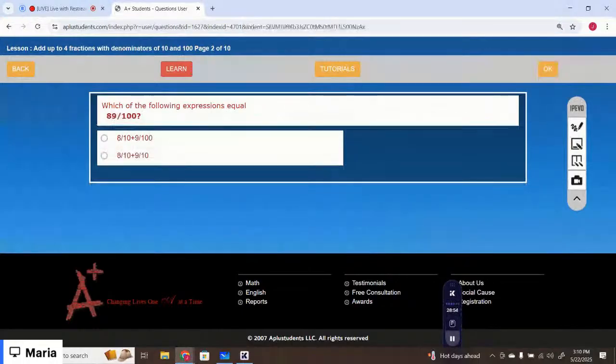Okay, which of the following expressions equals 89 over 100? So which is the correct option?